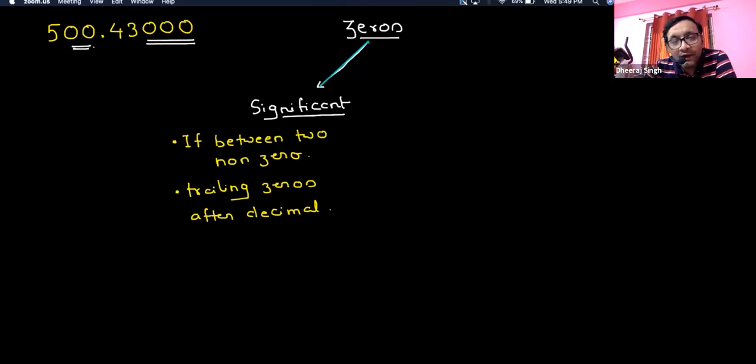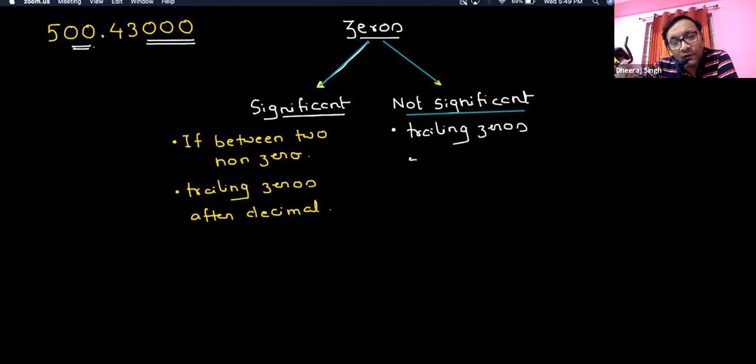And when will it be not significant? Trailing zeros without decimal.